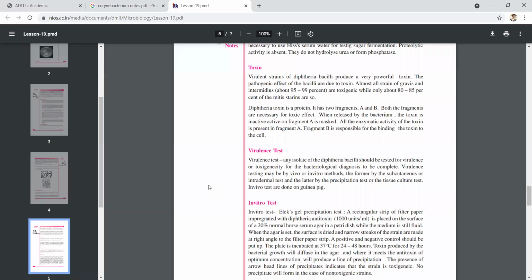Here, in vivo is done by a skin test, which is called a subcutaneous or intradermal test. Whereas the in vitro method is done on tissue culture or by observing some precipitation.